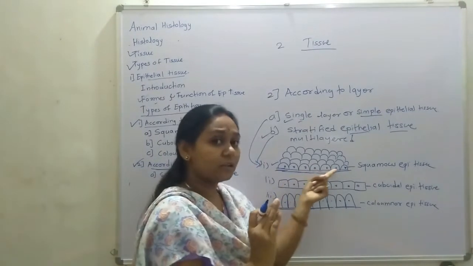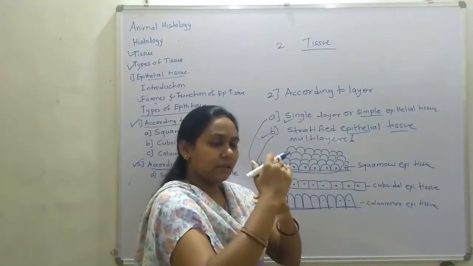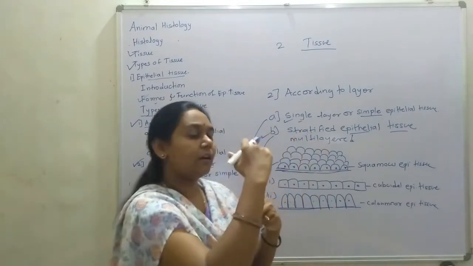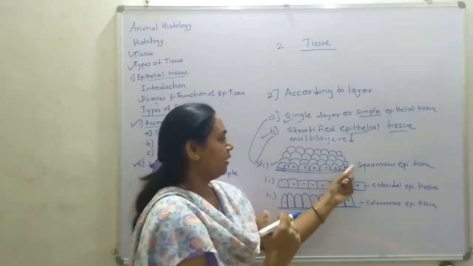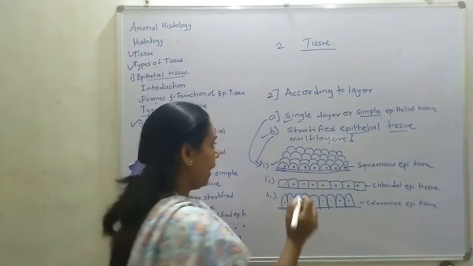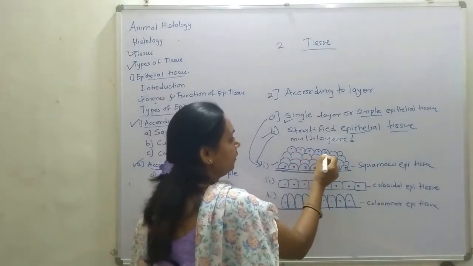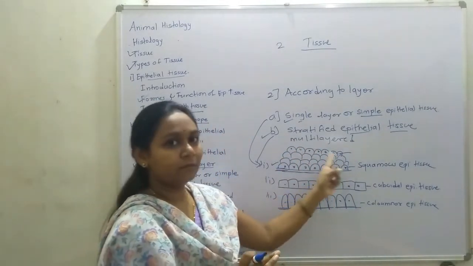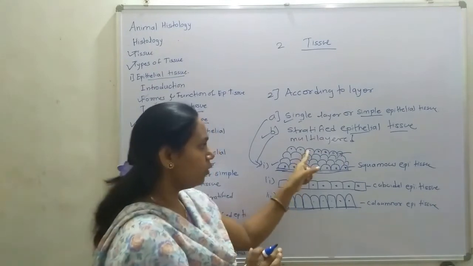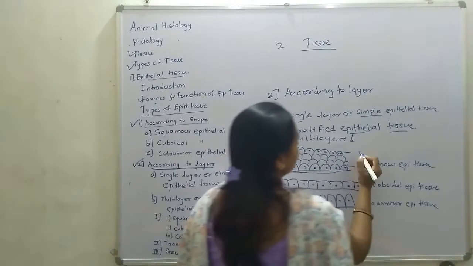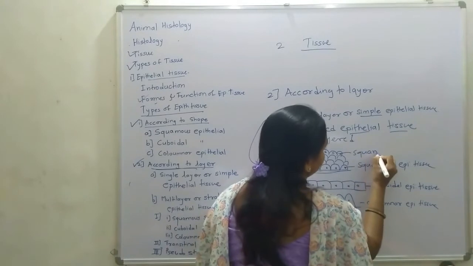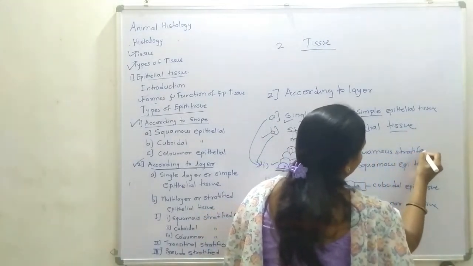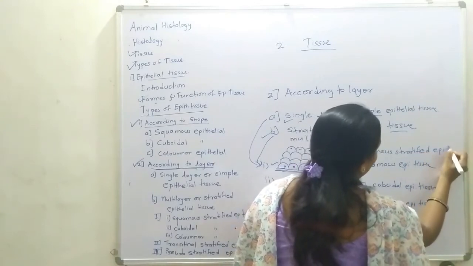First layer is arranged on the basement membrane, then the second layer, third layer, fourth layer are arranged on each other. But at the top or outer side, which type of cell is present? Squamous epithelial cells. So this type is called squamous stratified epithelial tissue.